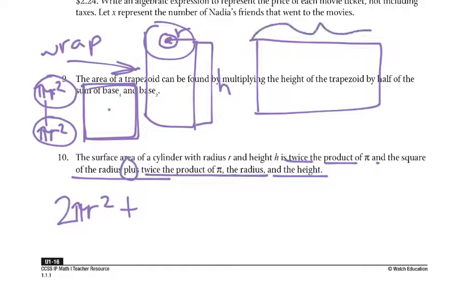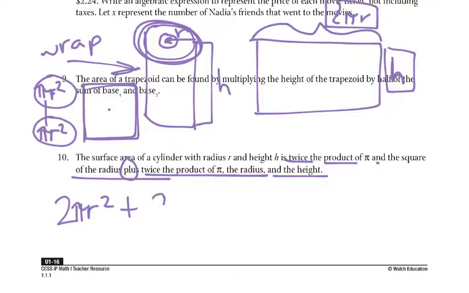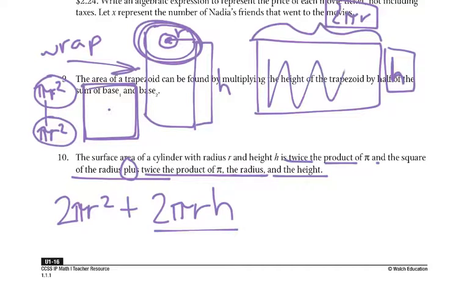Now the top's length would be the length around the circle, which is called circumference, which is 2 times pi times the radius, 2 pi r. Okay? And then the height makes up the other side. Well, how do we find the area of a rectangle? Base times height. So we get 2 times pi times r times h. So that represents the rectangular piece. Those represent the circular pieces for the surface area.